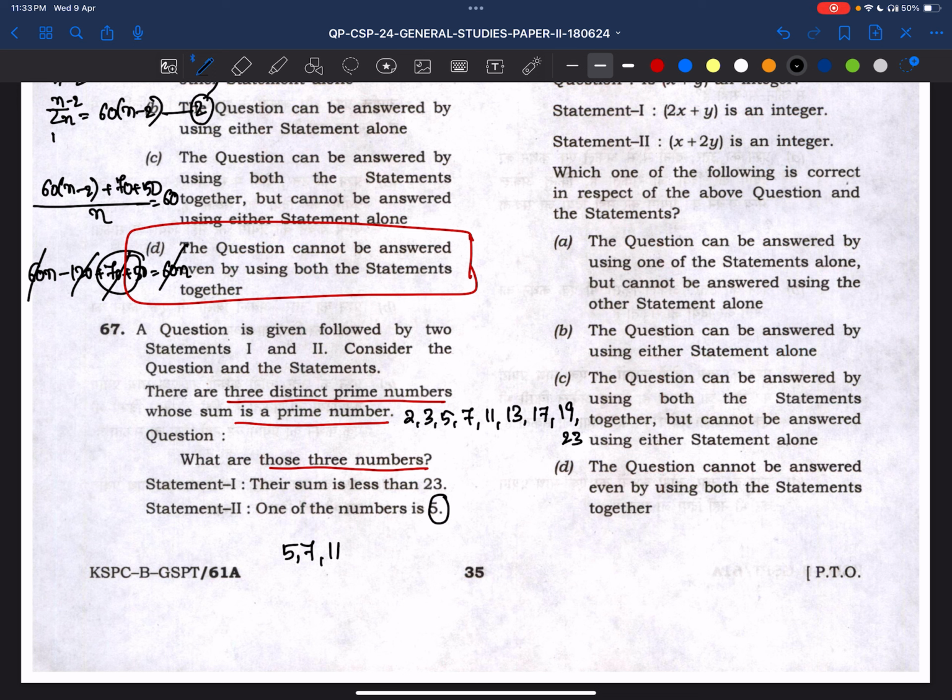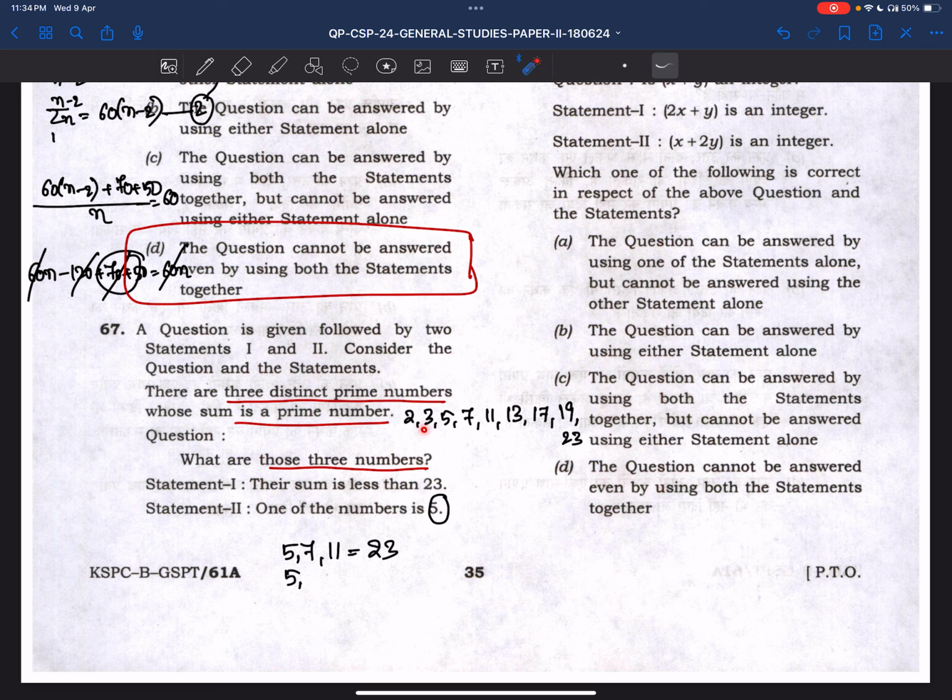See, this sum is 23, right? If we fix 5, 5 plus 7, 11 is completed. The next number will be what?